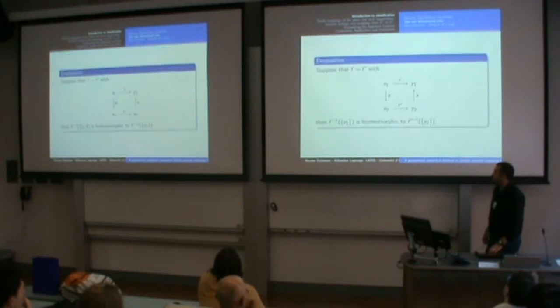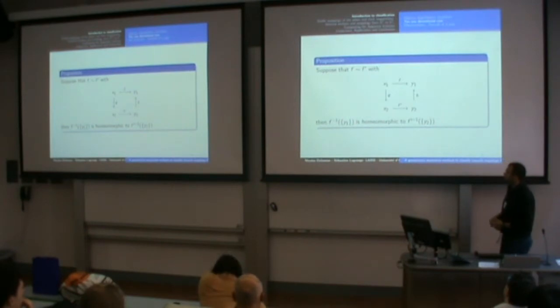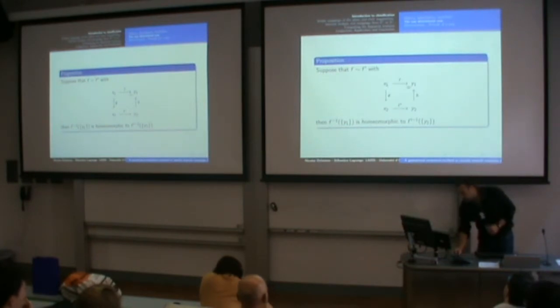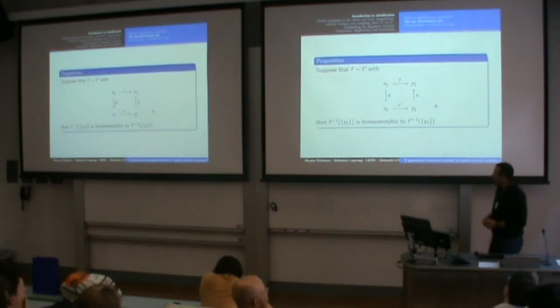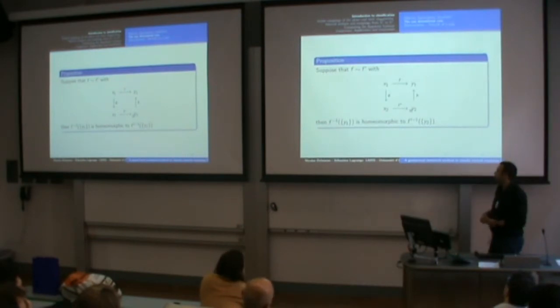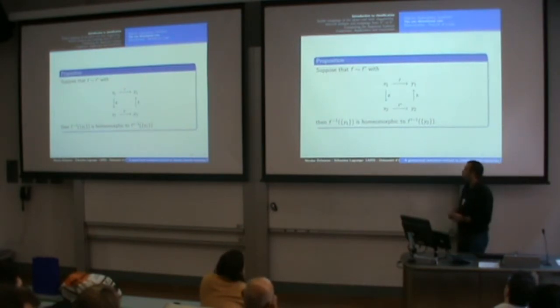They are not equivalent. So first, maybe an easy proposition, but I think it's important. Imagine that you have two maps, f and f prime, that are in relation, and here you can see that the image of x1 is y1 and so on. Then the preimage of y1 by f is homeomorphic to the preimage of y2 by f prime.